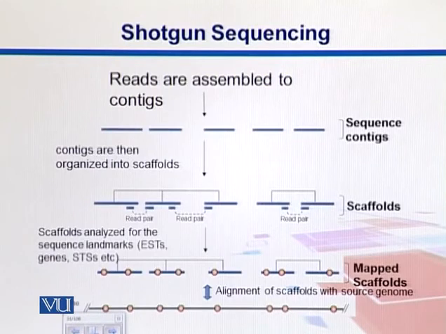Reads are then assembled into contigs, and contigs are arranged into scaffolds. Scaffolds are analyzed for landmarks, which are different markers that can guide us on whether our assemblies are correct or not. In the end these scaffolds join together and give us the genome map.